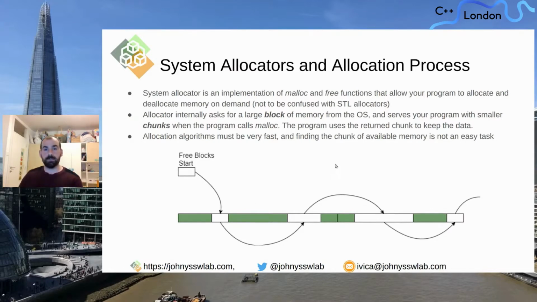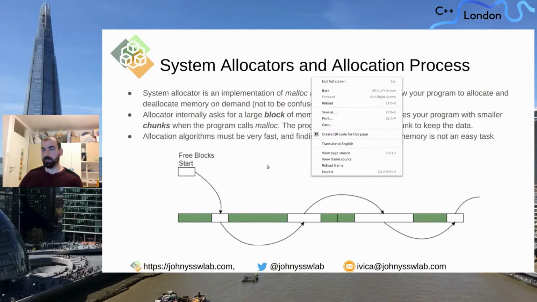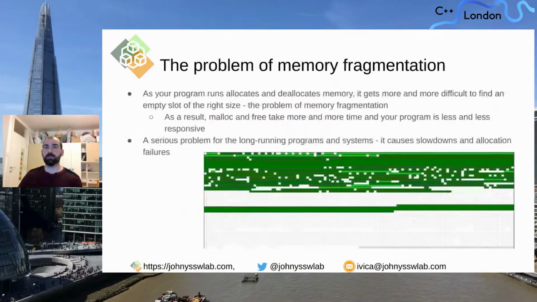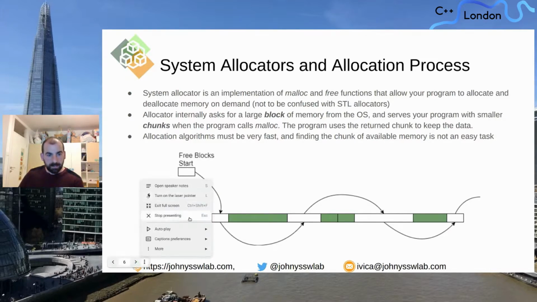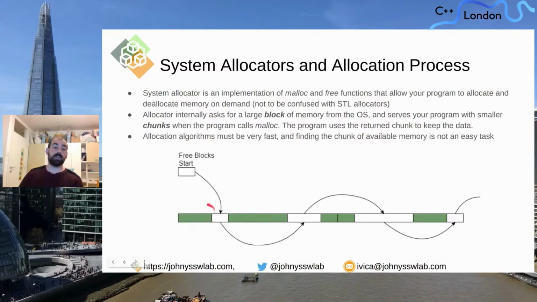So I don't know if you see my pointer. This is an example of a large memory chunk that has been taken from the operating system, and the fields in green are the fields that are taken by your program, that your program is currently using. So this one and this one and this one.